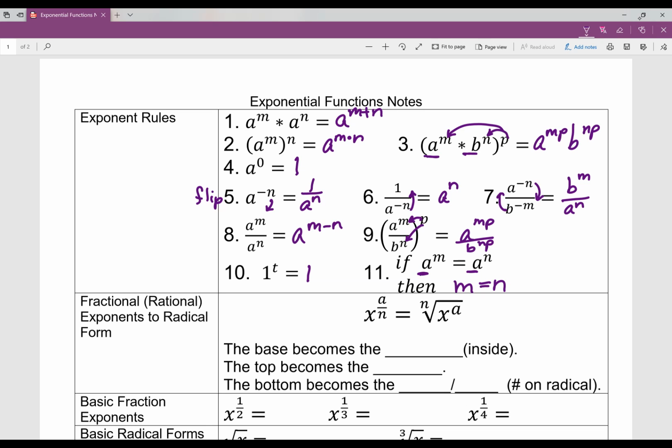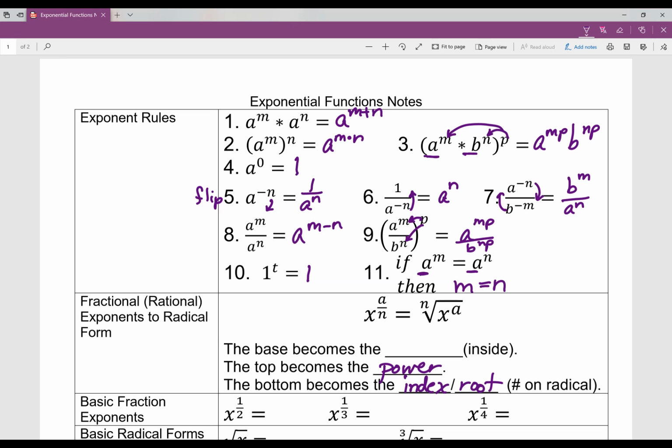This fractional exponent here, if you have x to a fraction power, then the top of the fraction basically becomes the power, and the bottom becomes the index or the root, which is the number on the radical.